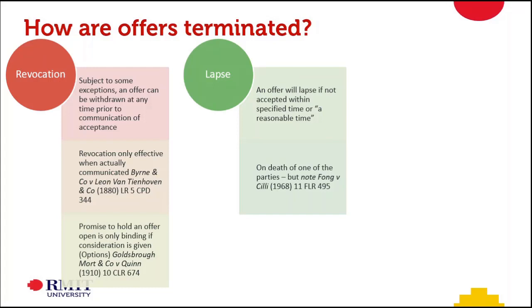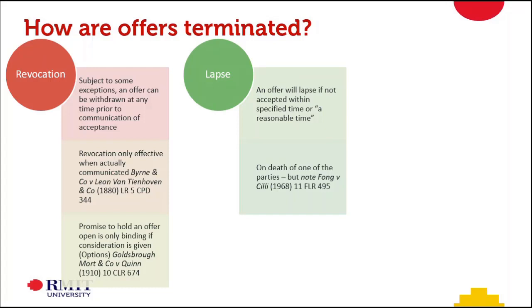If one of the parties dies, the offer lapses. Offers are sometimes, and usually in the case of unilateral offers, offers to the world, but an offer is usually specific to one person, and it's made by one person. That could include a legal person, by the way. A company is a person as far as the law is concerned.